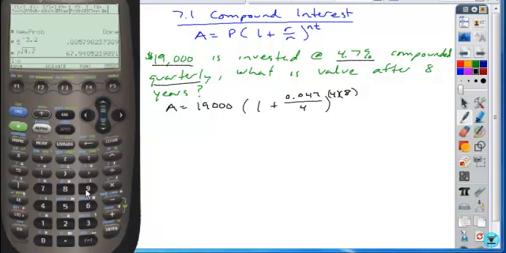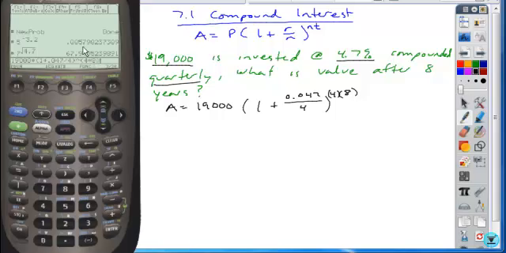We can calculate that. 19,000 times 1 plus 0.047 over 4. Take that whole thing to the power of 4 times 8. Now, if you are not just going to mentally calculate it as 32 and enter that, you need to put it in grouping symbols. If you don't put these parentheses around the 4 times 8, it will give you the wrong calculation.